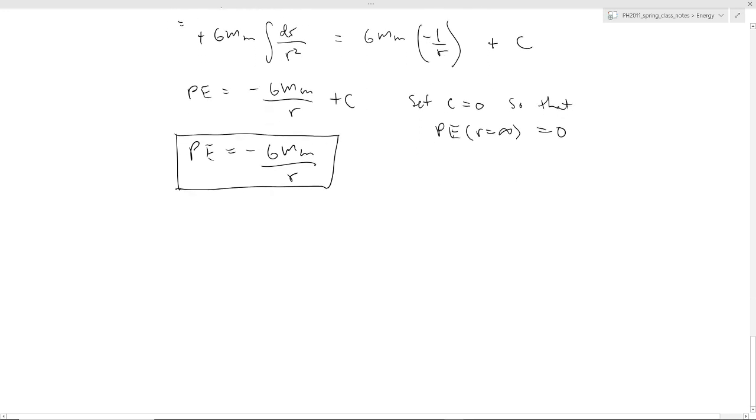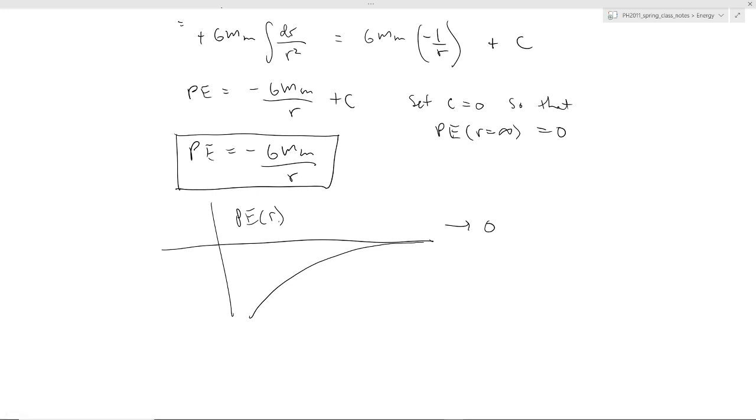And so we can plot this. It's going to look like the function 1 over r. So in other words, it looks like something like this. It goes to 0. Notice it's always negative.